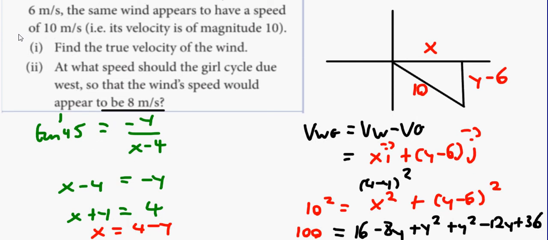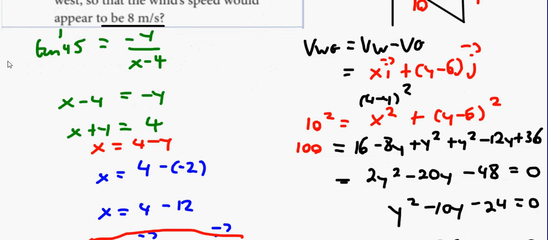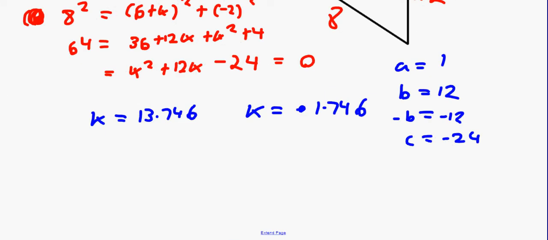There's only one answer though, isn't there? I should probably figure out which one's the negative one. Anybody know? The 13's the negative one, is it? Alright. Did I not specify minus ki? So would a negative answer not mean it's actually going to the right, not to the left?